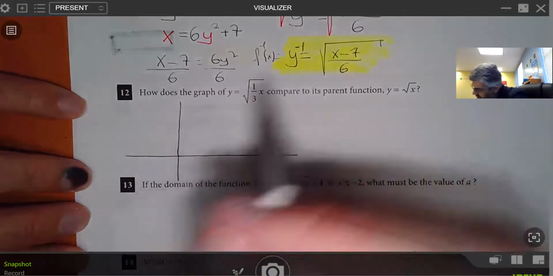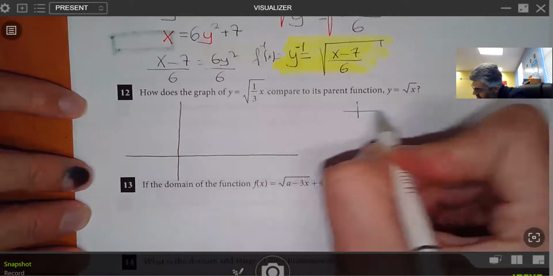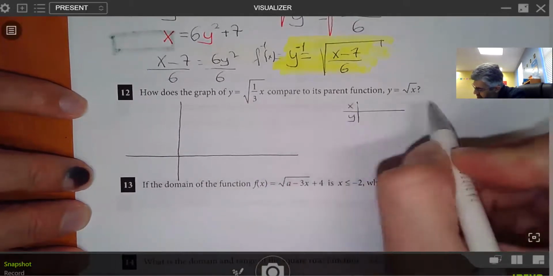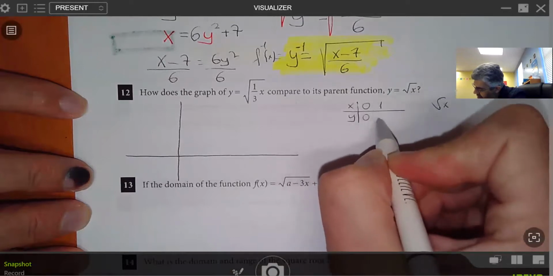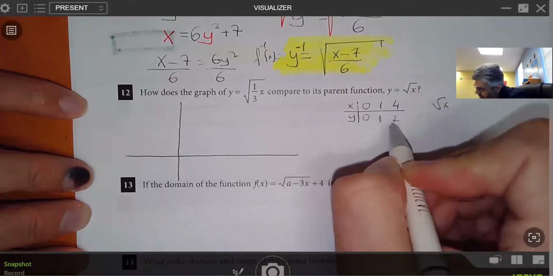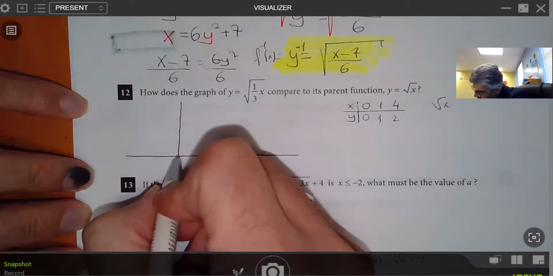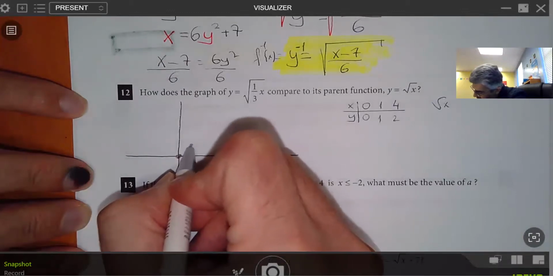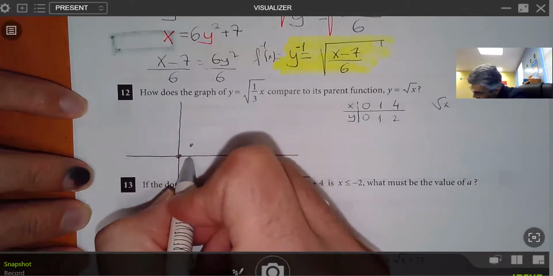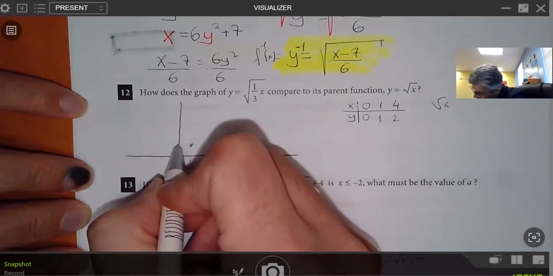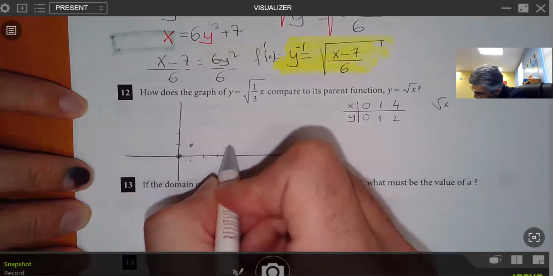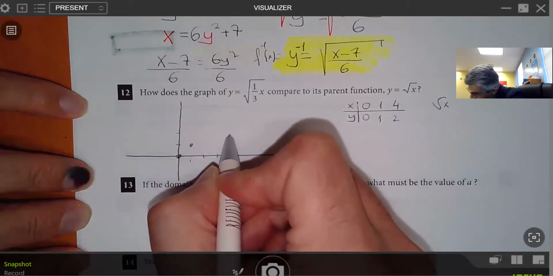I think I should have the table here for root x. So 0, 0, 1, 1, 4, 2. Do you agree? So this is 1, 2, 3, 4, and 4, 2 is here.